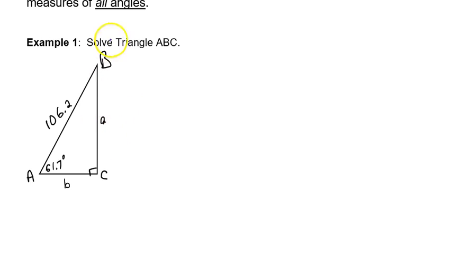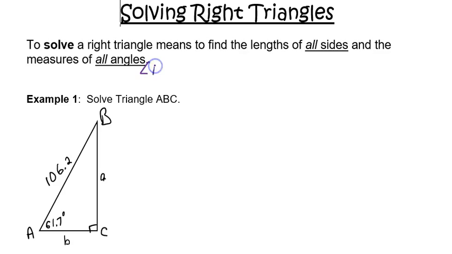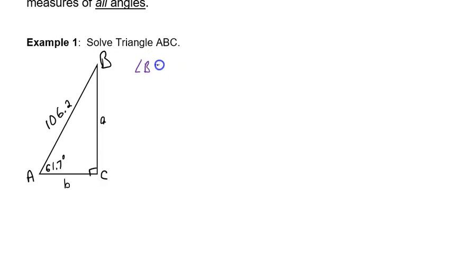The first thing I like to do is identify everything that's missing. First of all, I am missing angle B. I'm also missing side A and side B. I like the angle first because it is the easiest to find in this situation.